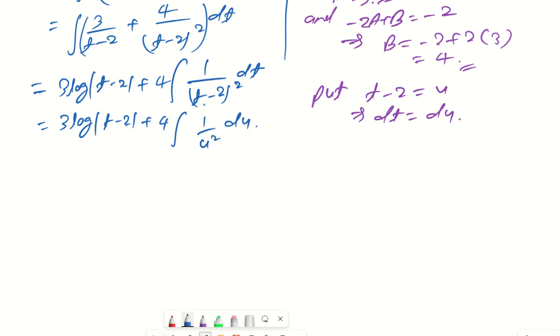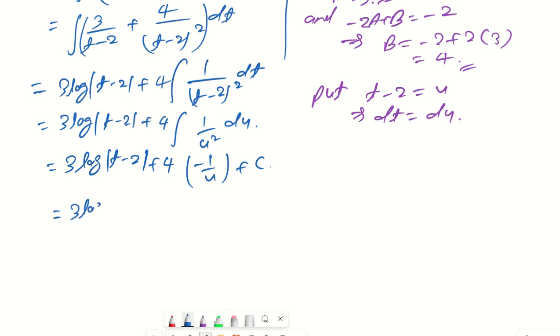Understood? And this 1 by u square will become minus 1 by u. So 3 log of t minus 2 plus 4 into minus 1 by u plus some constant c. Now you know already that t was sin phi, so I can write it down that one.